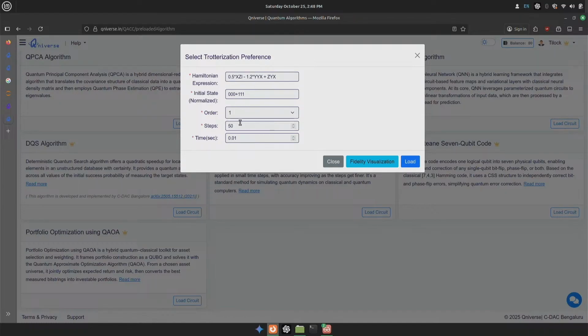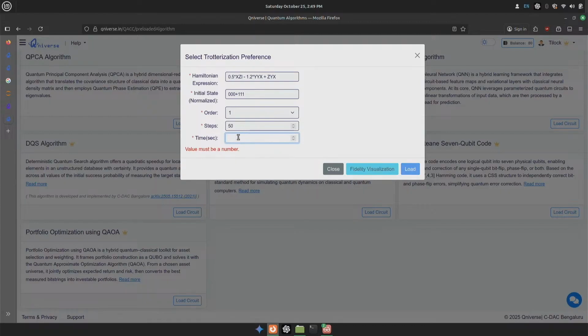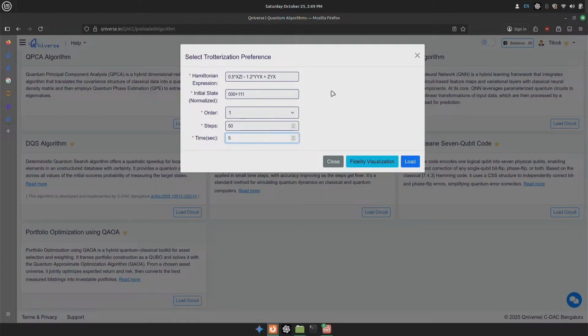For order one, and if I select, remember those slices that I talked about, like 50 slices, 1000 slices, 2000 slices. The more I go, the better accuracy I'll reach. And for time, let's say 5 seconds I want to simulate for.